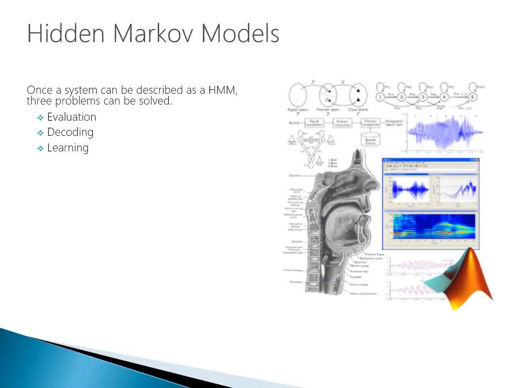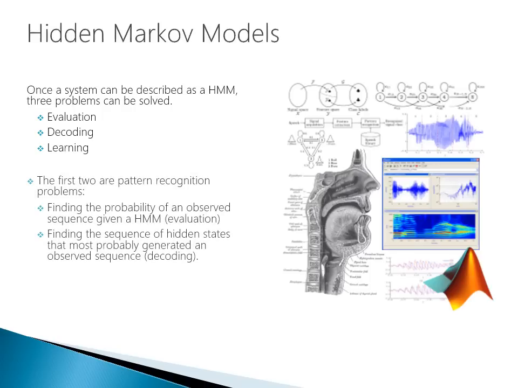Once a system can be described as a hidden Markov model, 3 types of problems can actually be solved: evaluation, decoding, and learning. And we'll talk about these in detail. The first 2 are pattern recognition problems. So finding the probability of an observed sequence given a hidden Markov model, which is the evaluation.